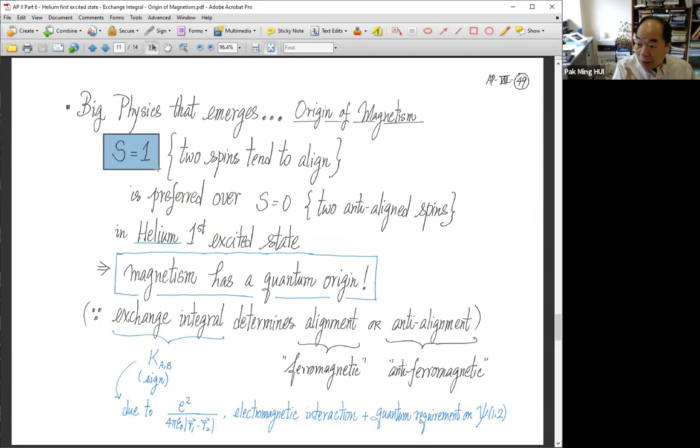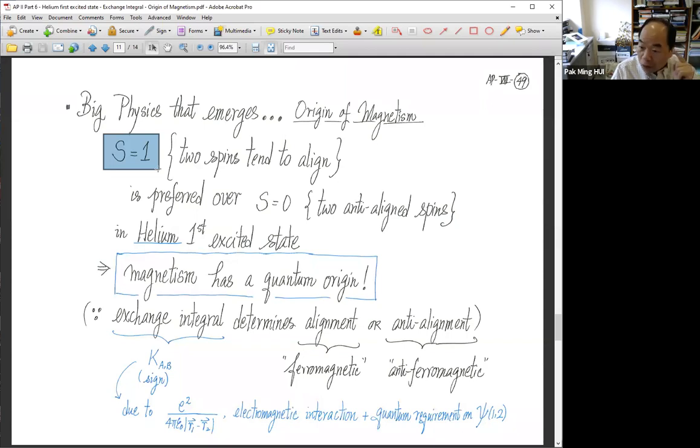If we look into the S equals 1 state, up, up, down, down, and up, down plus down, up, we have this vector model thing already shown, then basically the two spins tend to align with each other in S equals 1, and they tend to cancel each other in this S equals 0 singlet state.